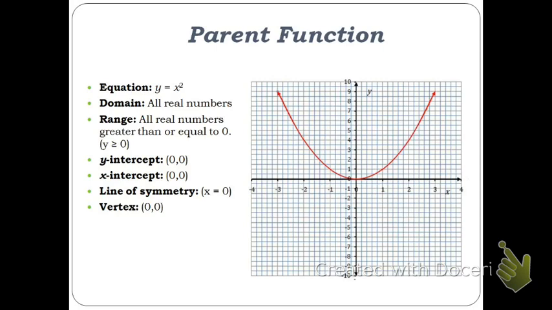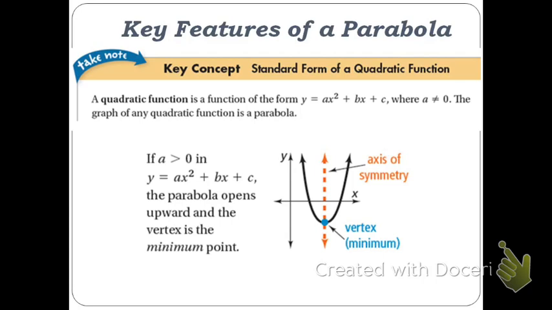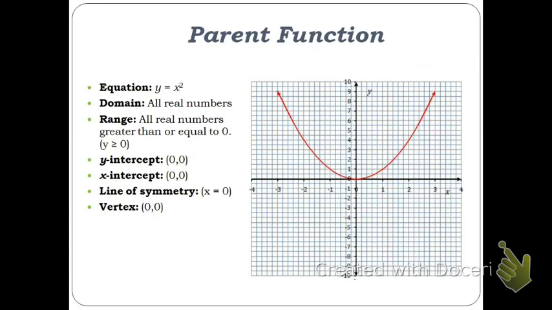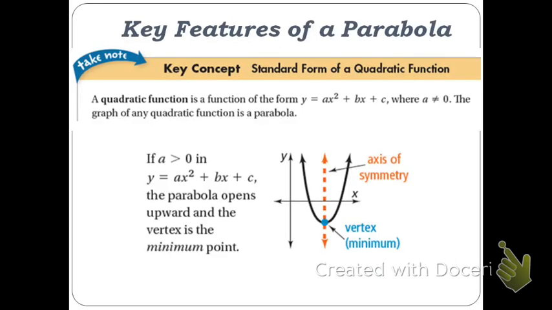But we're going to talk about all these different parts. Oh, here, let me go back to this. There we go. We're going to be looking at an axis of symmetry, a vertex, and identifying a minimum or maximum in our given problem.